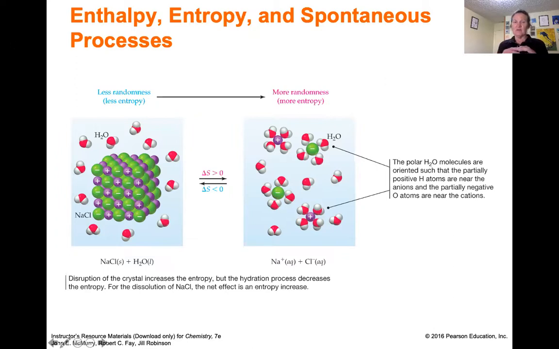As the ions are pulled apart from each other, the ionic bonds are broken, and that increases entropy. But it turns out this process of solvation, where the polar water molecules surround the cations and anions, actually decreases the entropy a bit. So in general, the entropy goes up when a solution is formed, but sometimes it can actually go down depending on how much order is added in that solvation process.